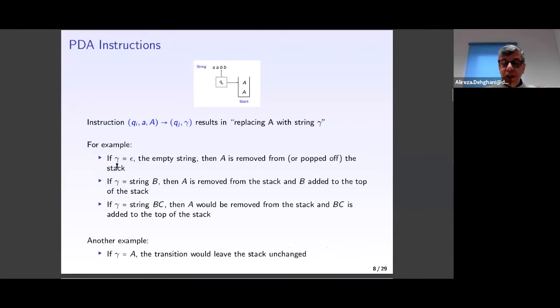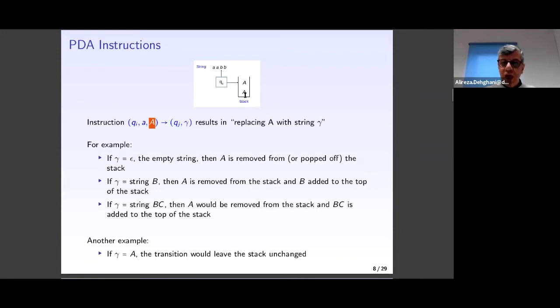For example, if gamma is empty, the empty string, then A is removed. So that means you're in state Qi, you receive the character a, and you have capital A inside the stack. If you go to empty, that means you are removing. If gamma is B, that means you remove A, pop A, and push B instead.